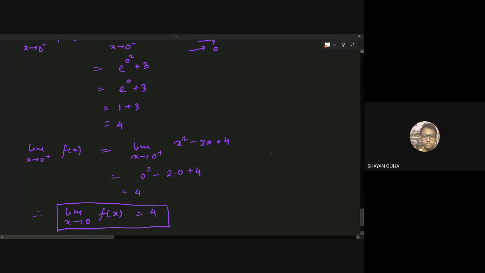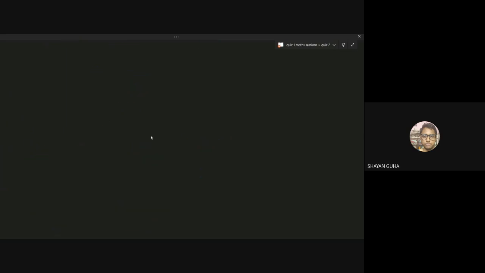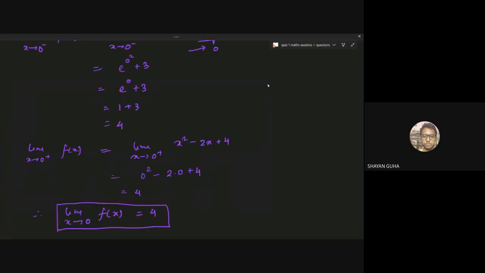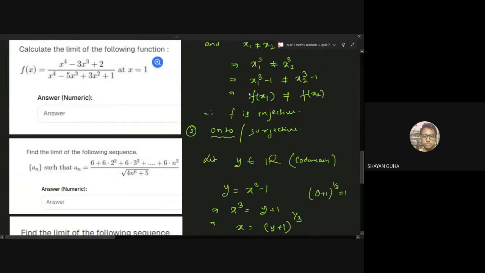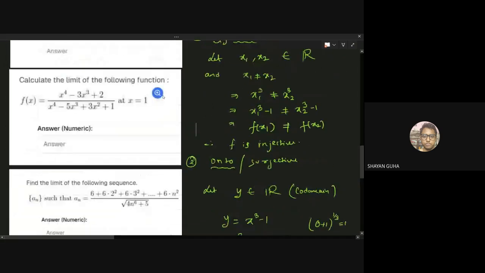Okay. So let me move to the next question. This one, I have to evaluate this limit. Just tell me how many of you know about L'Hopital's rule? How many of you know about L'Hopital's rule?